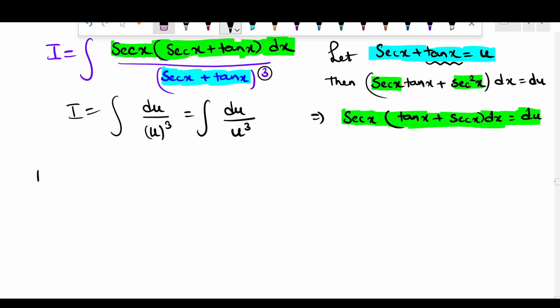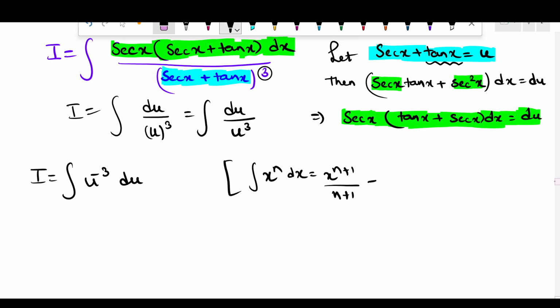Next we integrate this. This will be u to the power minus 3 du, and we know integration of x to the power n dx is equal to x to the power n plus 1 upon n plus 1 plus c, right? This is plus c, where c is an arbitrary constant, and here n is not equal to minus 1, right?